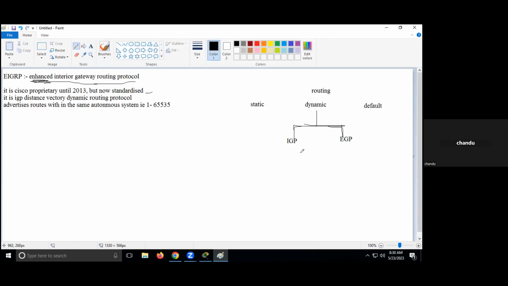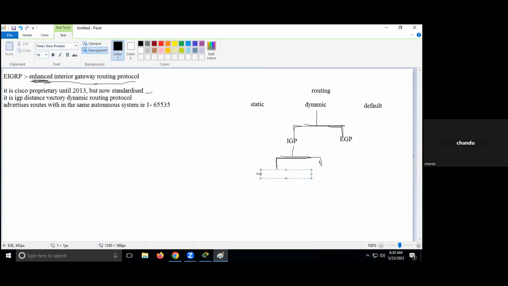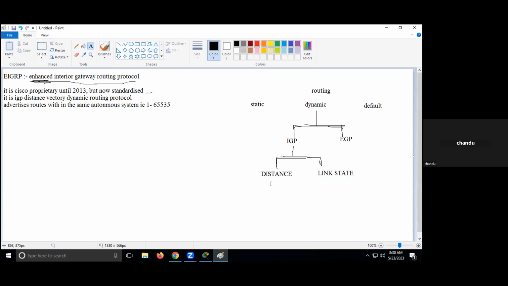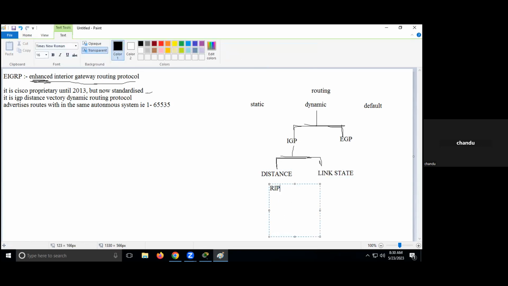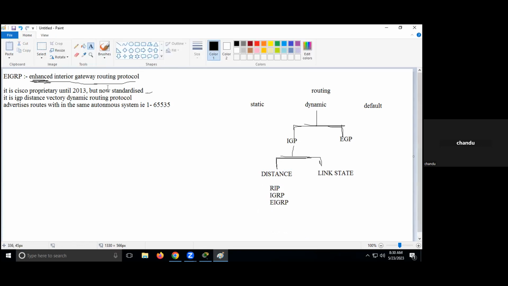The IGP routing protocols are divided into two more types: distance vector and link state. In the distance vector, we have RIP, IGRP, and EIGRP.